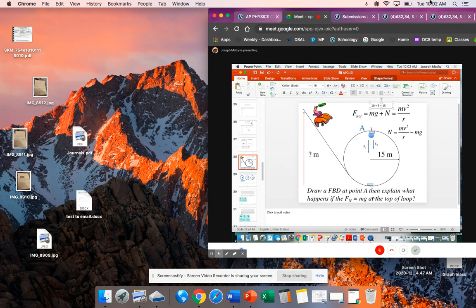So when Fn equals mg at the top, that's no big deal. When Fn equals mg at the top, that's not a limiting factor. But what happens is, as the normal force continually shrinks due to this relationship, we run the risk of not being able to complete the loop.